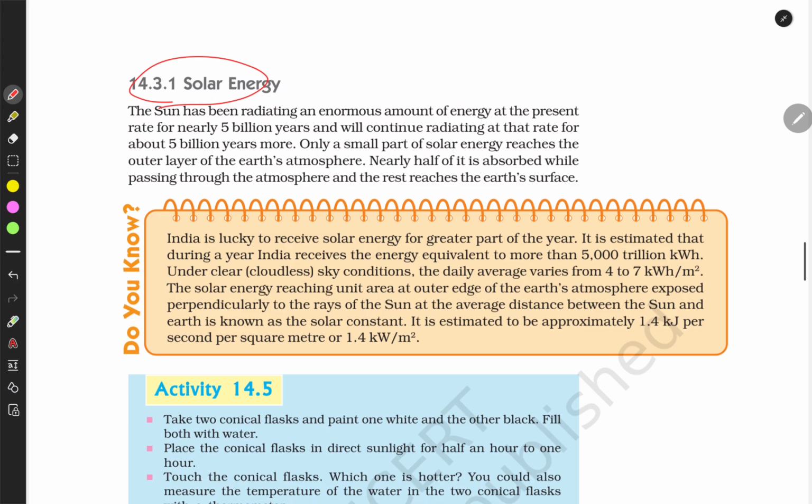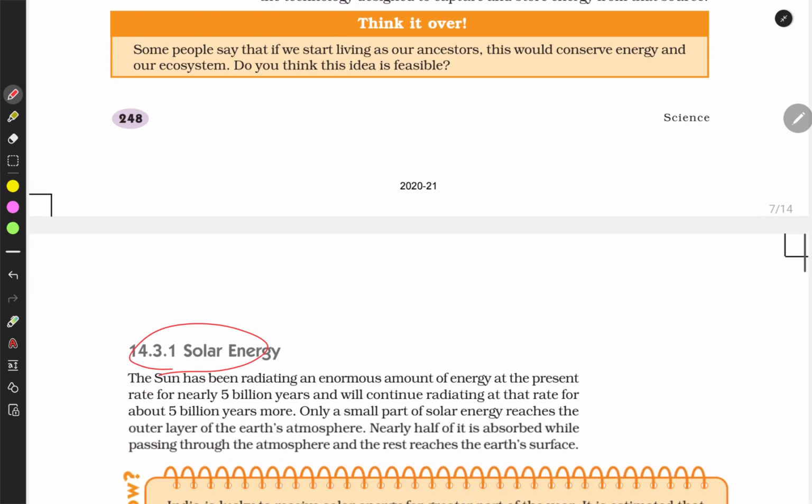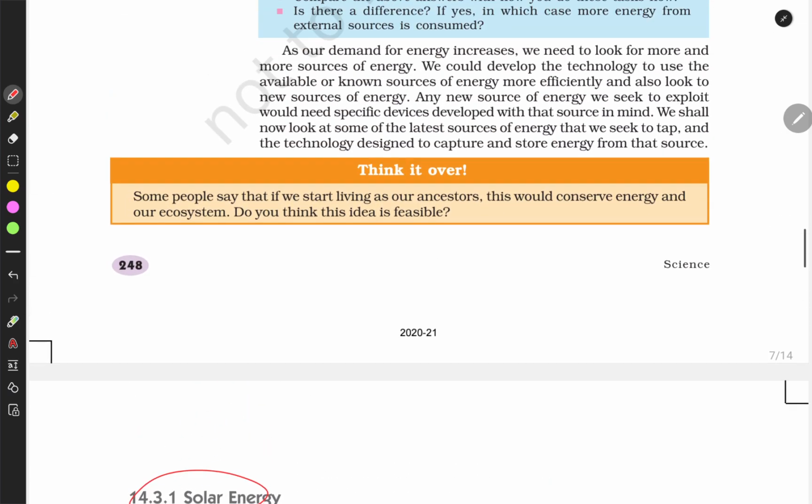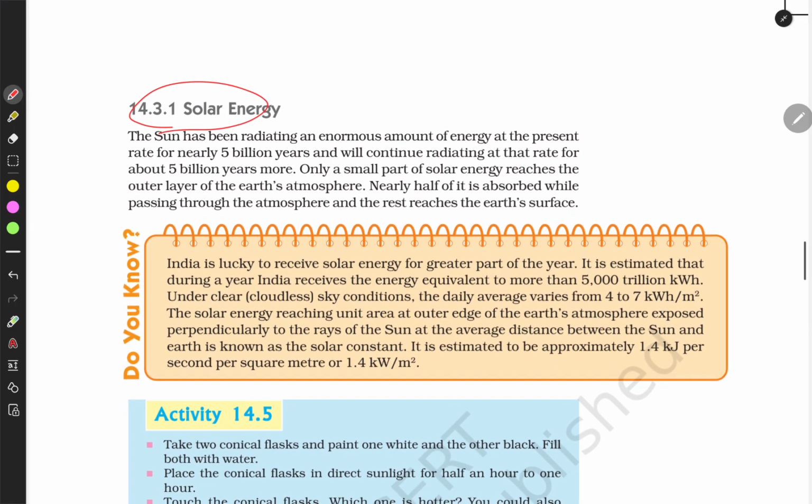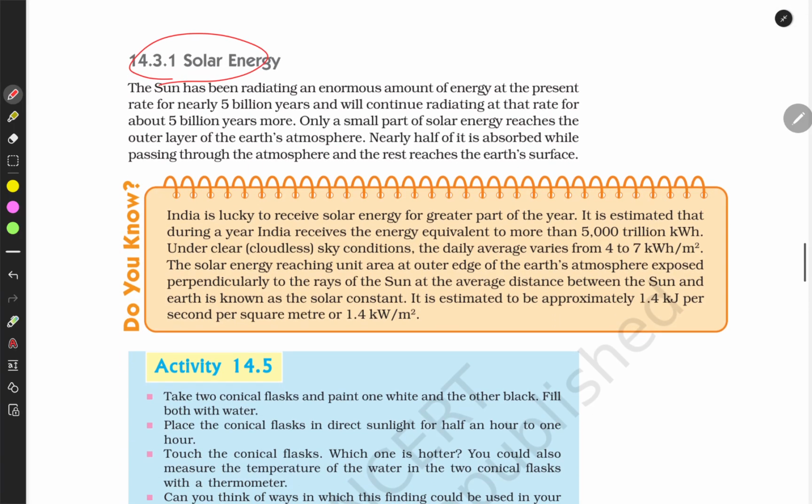This is solar energy. So how do we use solar energy?